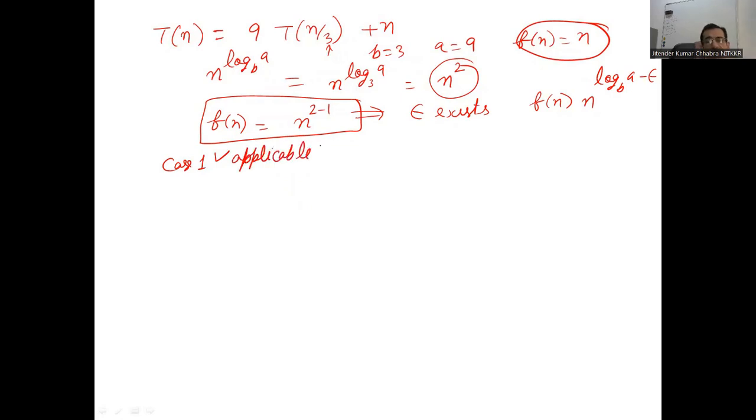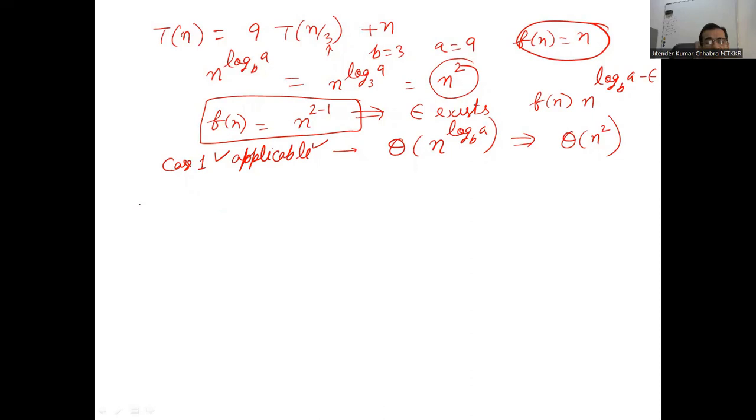We will see what that is, but assuming this is true, I can easily say my time complexity will be theta of n power log base b of a. I have calculated that already, and this becomes theta of n square. So that will be the first situation where I can guaranteedly claim that this is going to be my answer.